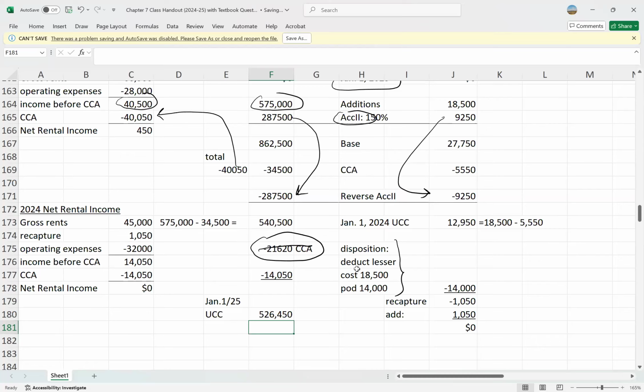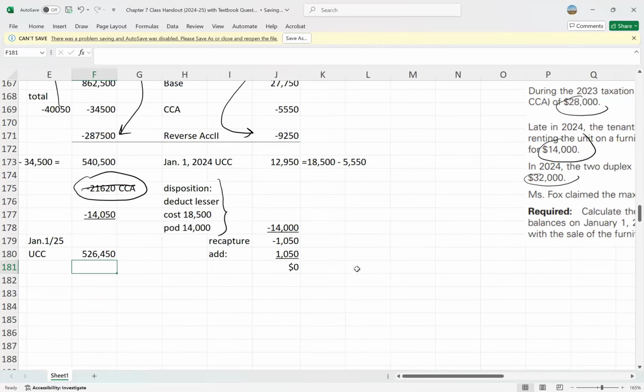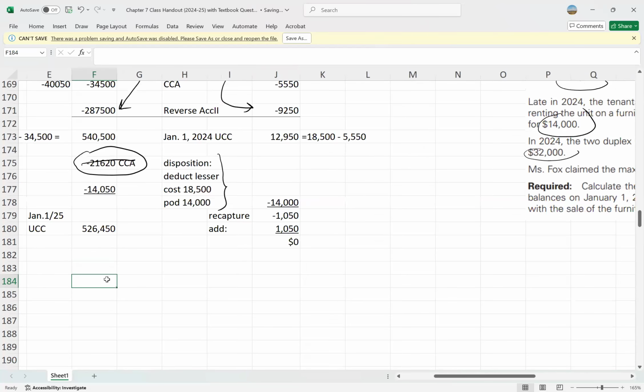I want to just talk a little bit about CCA as well. I just want to remind you that CCA is a discretionary deduction. We can take anywhere from 0 to the maximum.